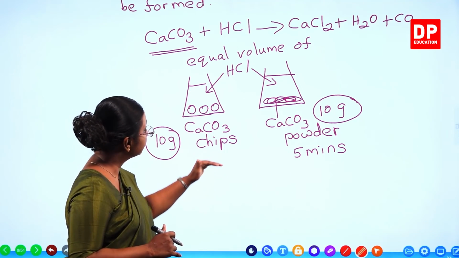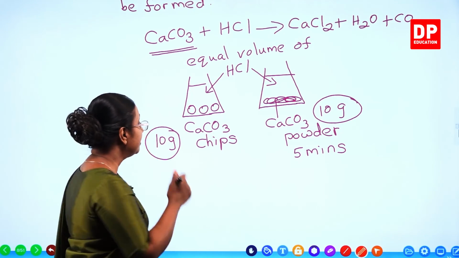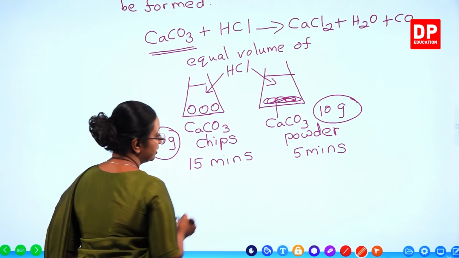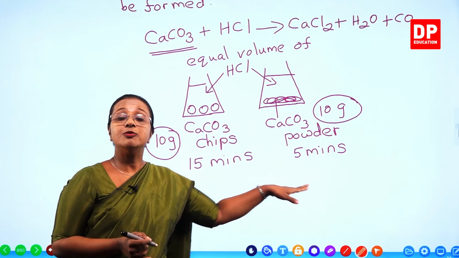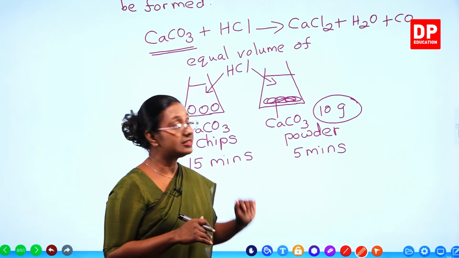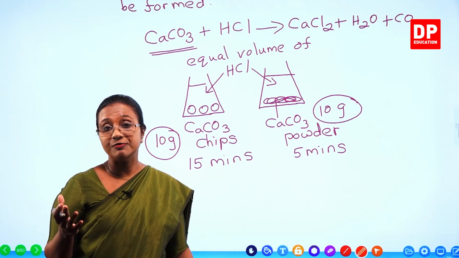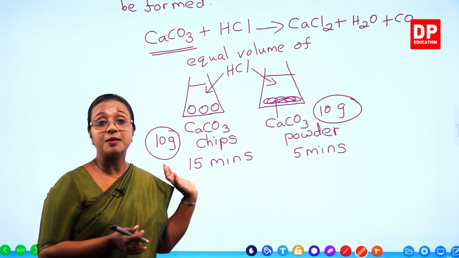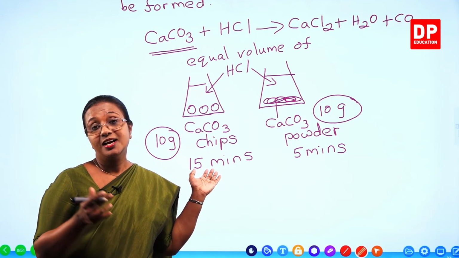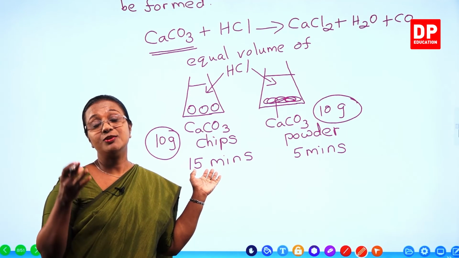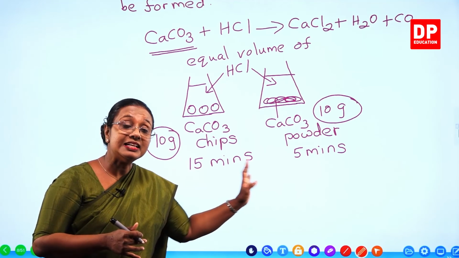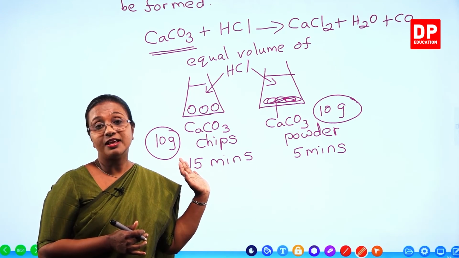And this one, calcium carbonate chips, we will say it takes about 15 minutes. So immediately by looking at the time, you know which is faster. When we use calcium carbonate powder, it's going to be fast. When we have calcium carbonate chips, it's going to be slow. So this is like I have told you all before, when you have a large substance or when you have tiny pieces, that has an effect on the rate of reaction.